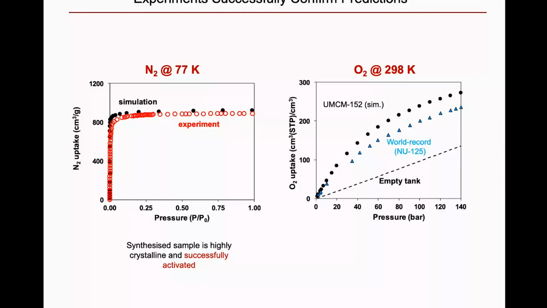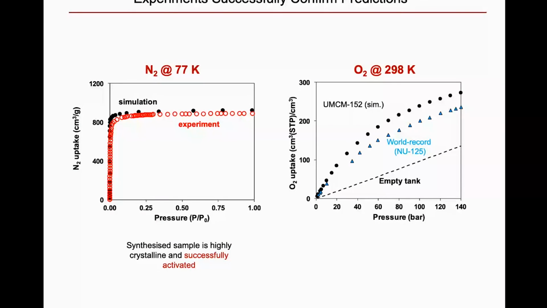And at the time, in Omar Farha's group, they didn't have high pressure adsorption equipment, so they couldn't go up to 140 bar to measure oxygen adsorption. So what they did was that when they synthesized the sample for UMCM-152, they shipped it all the way from Chicago to Florida to Micromeritics, so they can run oxygen adsorption measurements up to 140 bar.